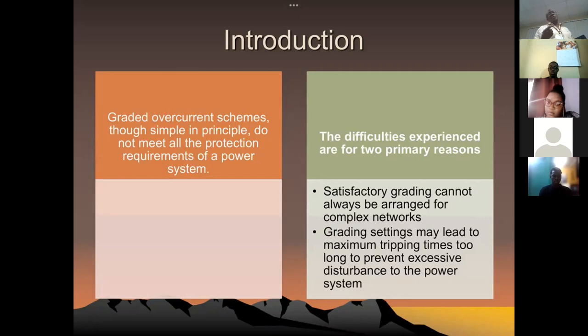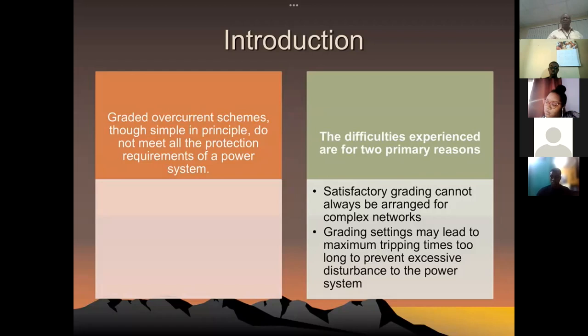What that is telling us is that the use of grading throughout the system will at some point not be as beneficial or ideal in terms of operation as we would like.